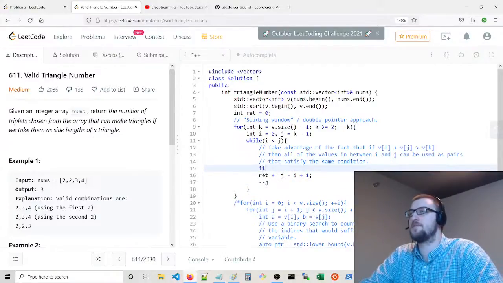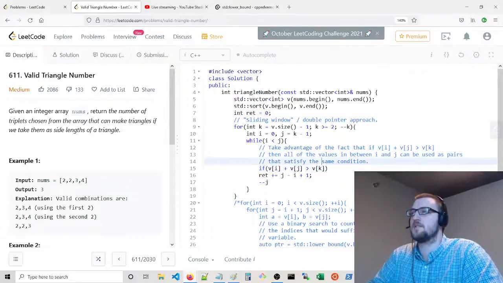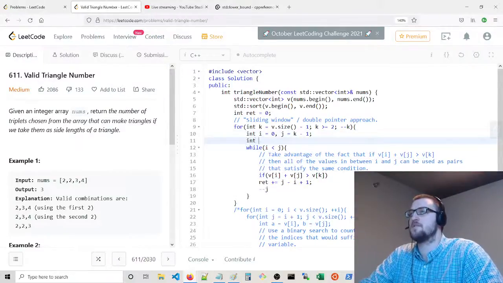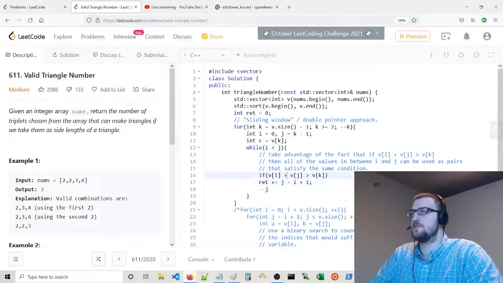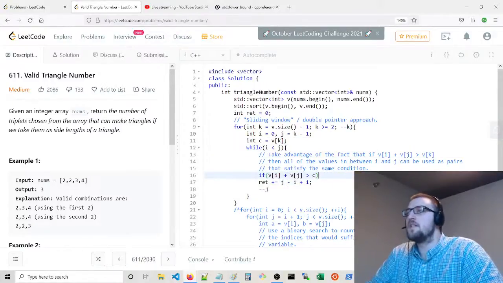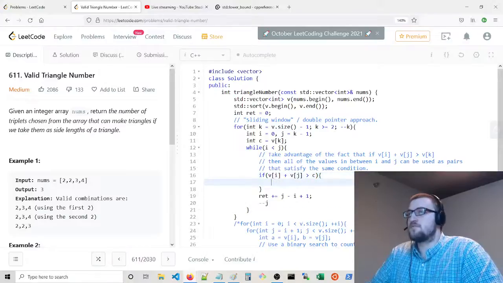We'll say if v of i plus v of j is greater than v of k, we can actually do that once, do the lookup once.